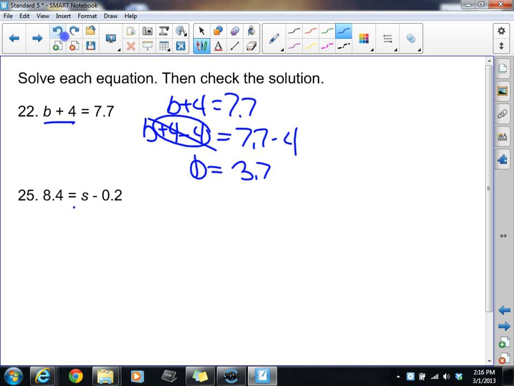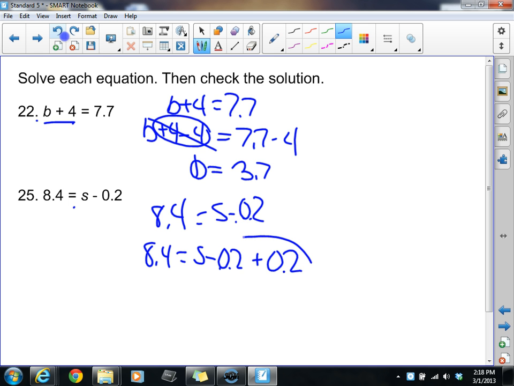Now let's go do another one very quickly. Here we have s minus 2 tenths equals 8 and 4 tenths. So remember, we have to do the opposite of whatever operation we see to get the variable by itself. In this case we're going to add. So that would be s minus 2 tenths plus 2 tenths equals 8.4 plus 2 tenths.